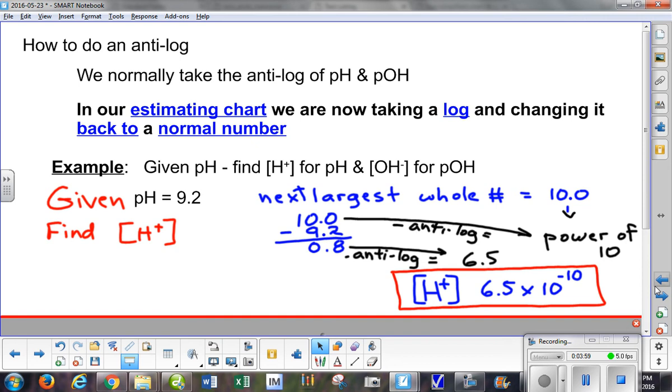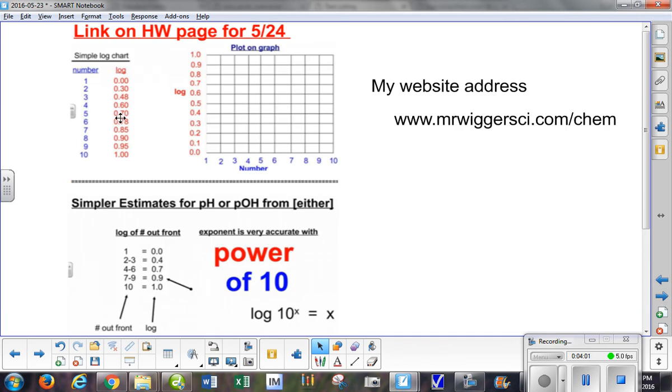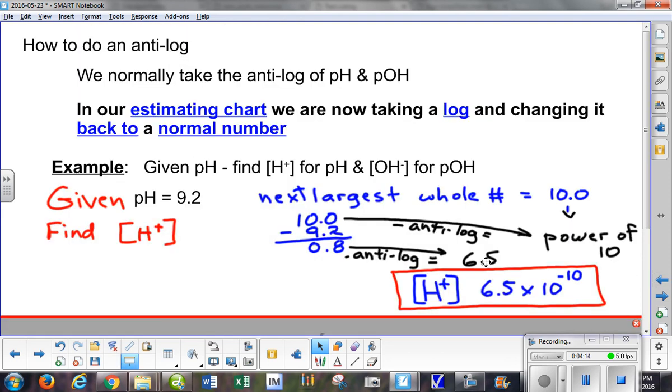Okay, the 0.8 is sitting over in this column between the 7.8 and the 8.5. So it's going to be a little over 6. And that's why I called it 6.5. You could have called it 6.1, 2, 3, 4, or 5. Wouldn't really matter, because you're going to get close enough to the answer that you can do a multiple choice question.